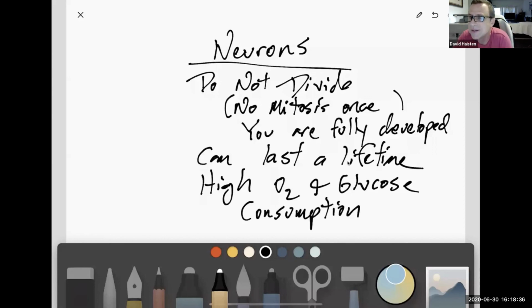High oxygen and glucose need. They need it. Neurons are energetically expensive. They use a lot of energy, which means they need a lot of oxygen and glucose. Why? Because they have a lot of mitochondria, which are making a lot of ATP, the energy.